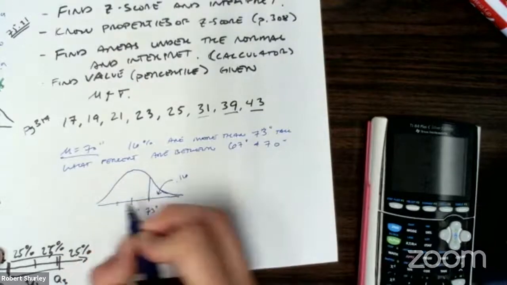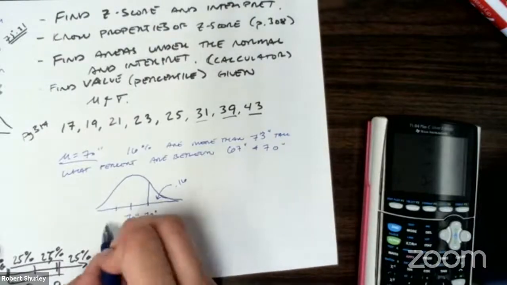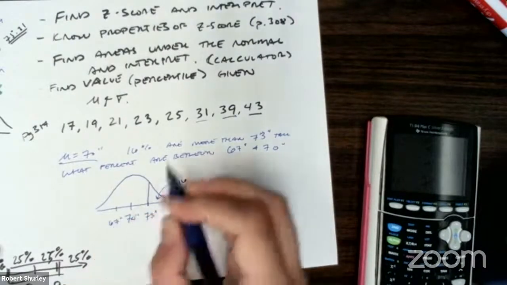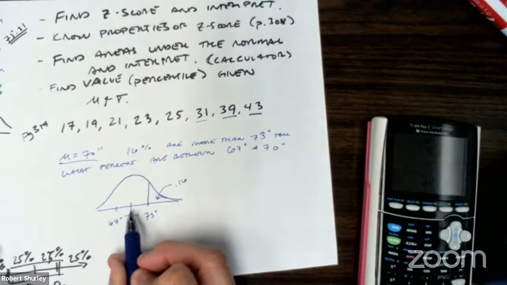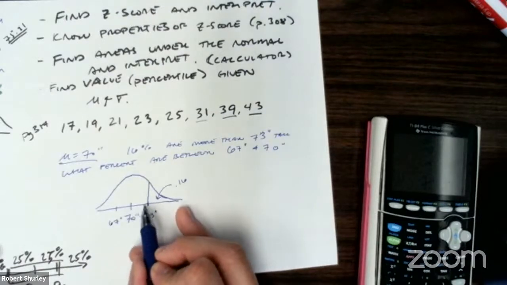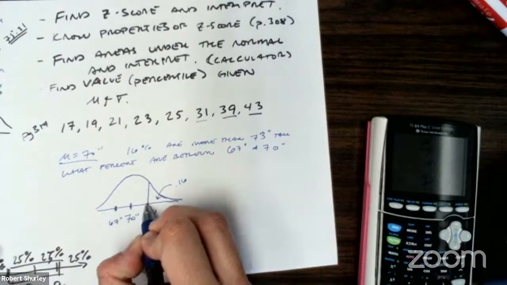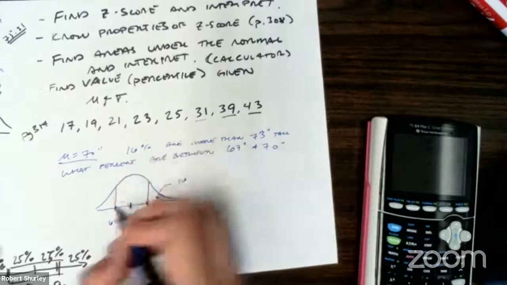Well, okay. What's the reason we can solve this one, Lori, is because everything is symmetric. Notice that this 67 is 3 inches shorter and that 73 is 3 inches taller. So these distances are the exact same, which means the proportions are the exact same.